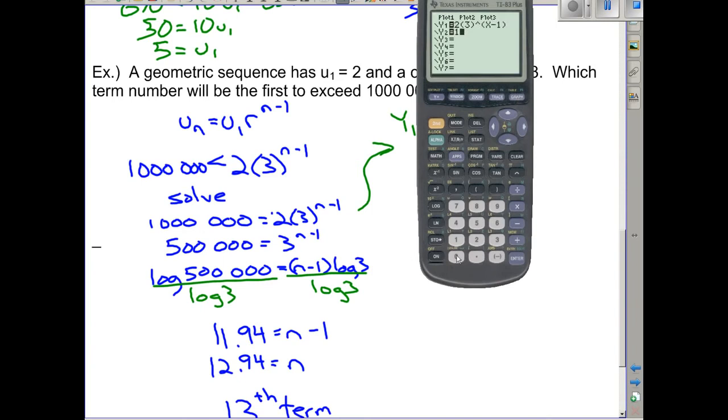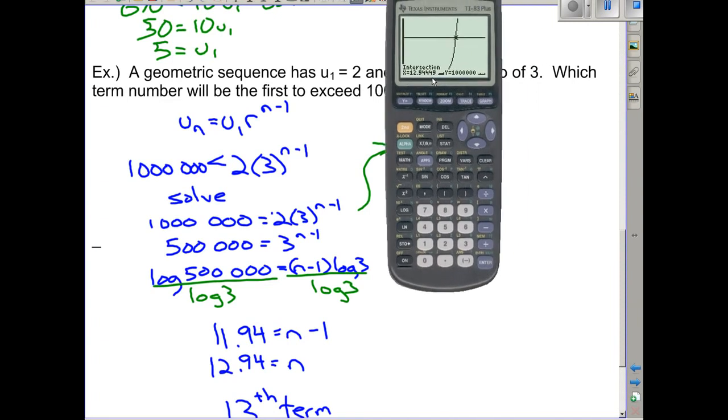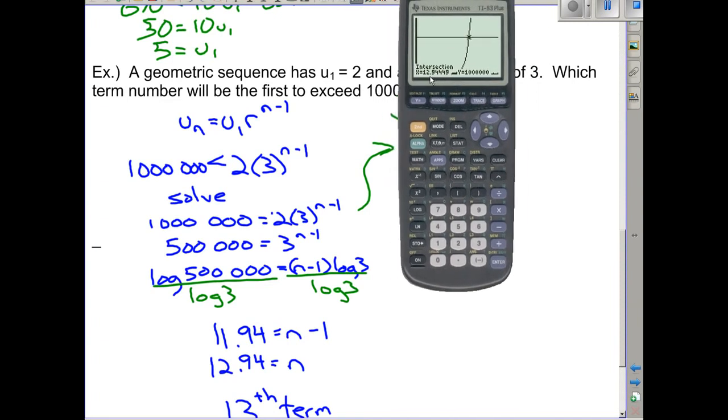I could put y2 in of 1,000,000 and find that point of intersection. And it's going to give me x equals 12.94. If I instead went to the tables and looked at what's happening for my y1 curve, okay, I'll see that the 13th term is the first one to exceed 1,000,000.